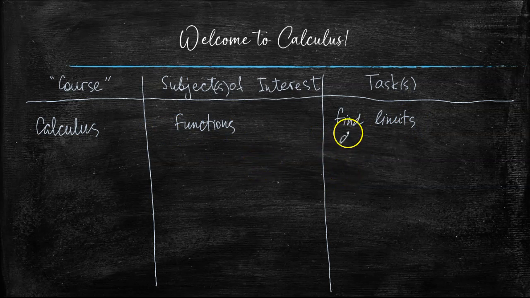I learned how to differentiate, and differentiate, again, is a proper way of saying I know how to find derivatives, and I know how to integrate. So for any function, these are the things that you should be able to do with it after finishing the calculus class. Find the limit, find the derivative, whatever that means right now, and integrate or find an integral.